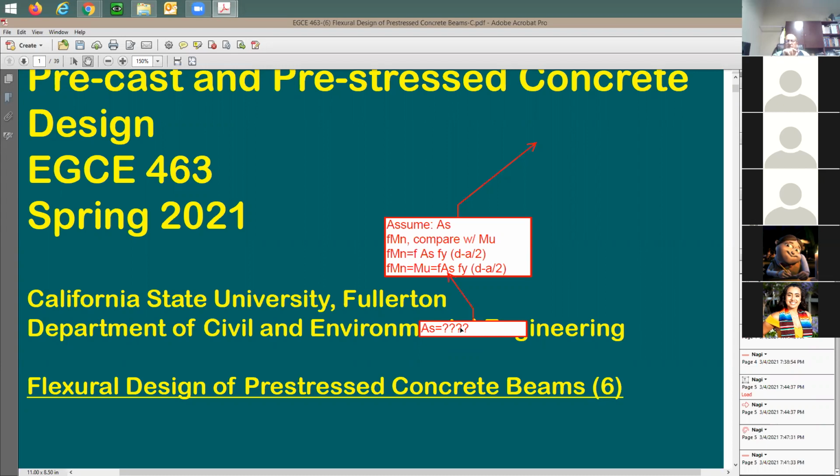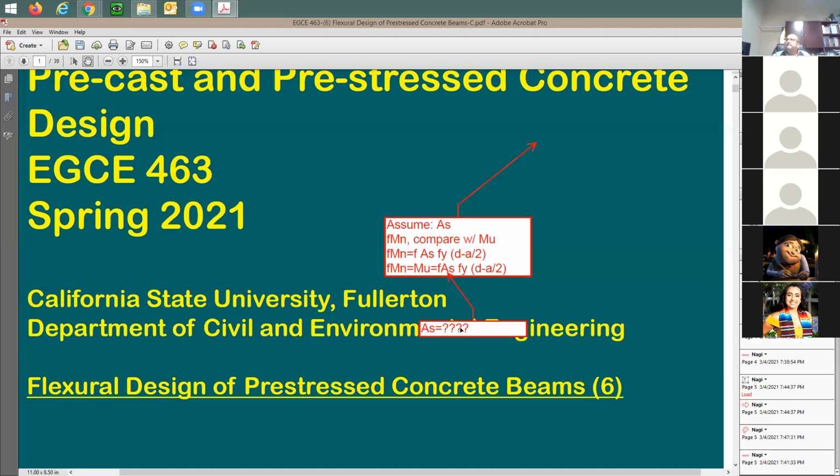And if this section would give me higher S top and bottom than the minimum required, I should be fine. But you know what? Let me also check the stresses back again. So I know I don't really have plenty of room because the section I picked was right there, right above the limit. And I might need to go to a larger one just because I'd like to reduce number of strands. Make sense?